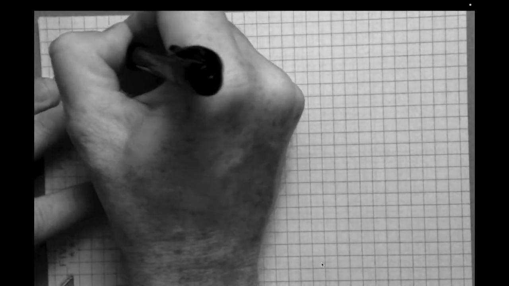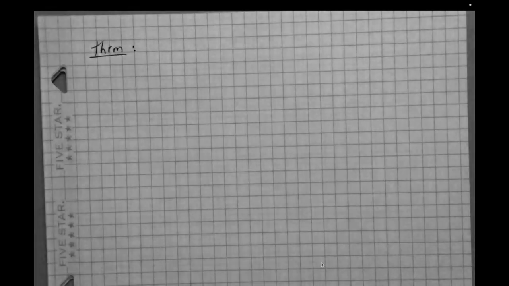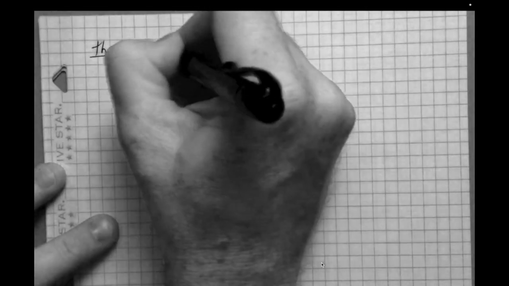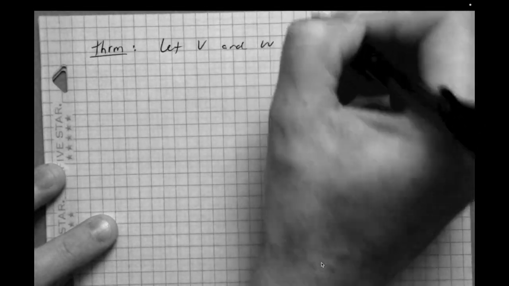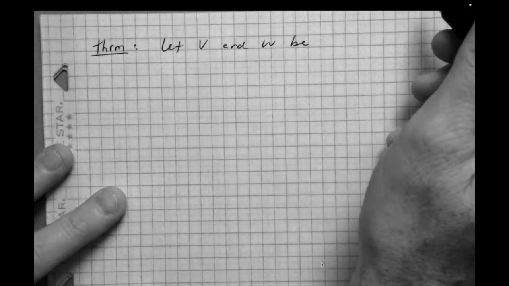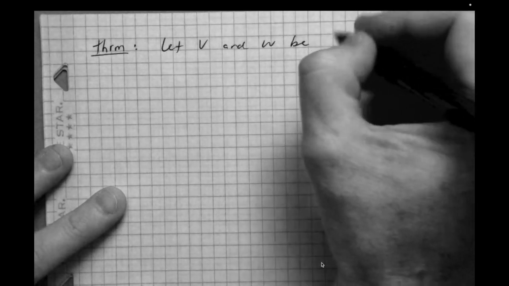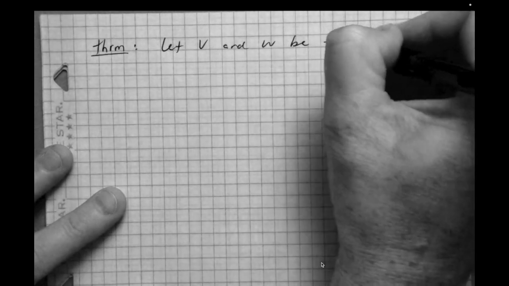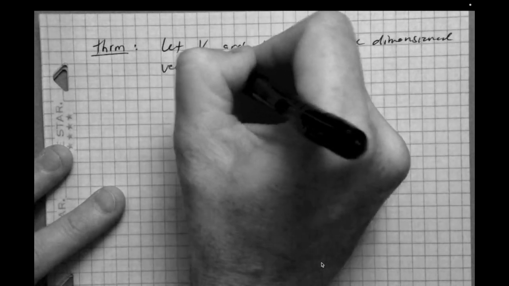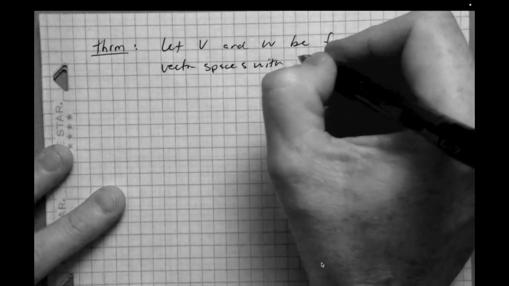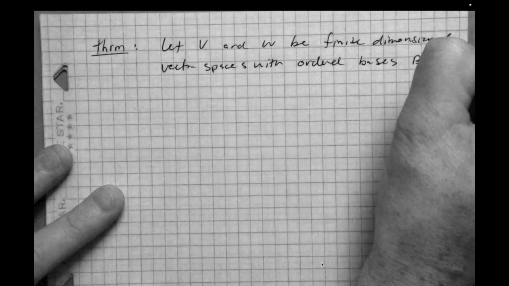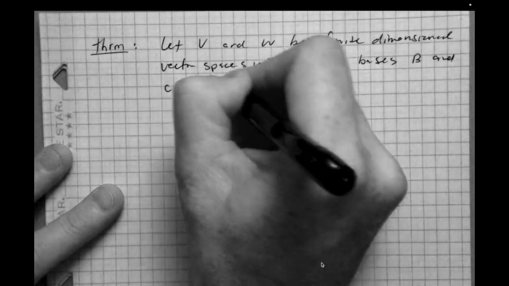So here's the theorem. It's kind of a big one, so you have to bear with me as I struggle to write it all down here. We'll let V and W be finite dimensional vector spaces with ordered bases B and C respectively.